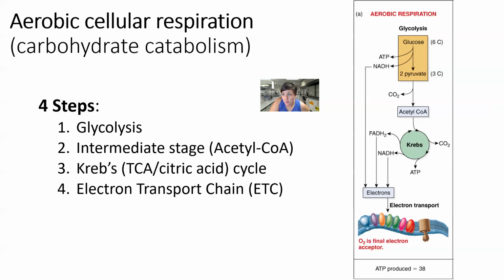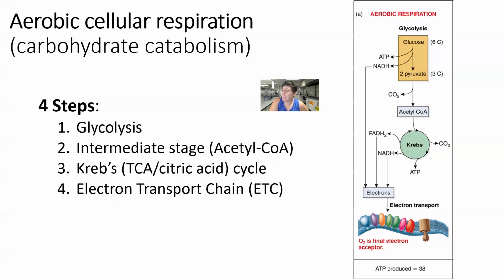And remember, whenever we say oxidize, that means you're breaking bonds and releasing electrons. So the first 3 steps of cellular respiration serve to break down glucose, break down that sugar, to release as many electrons as possible. And then, with those electrons, you enter the 4th step, which is the electron transport chain.